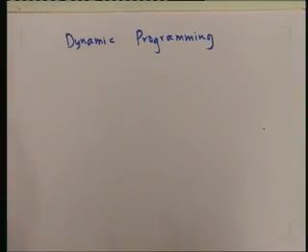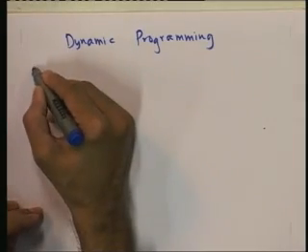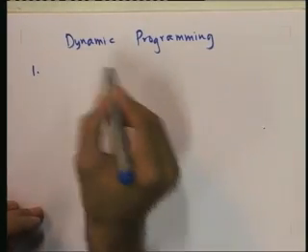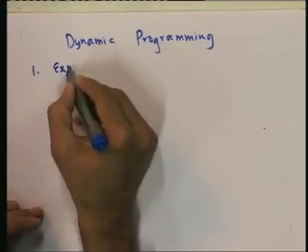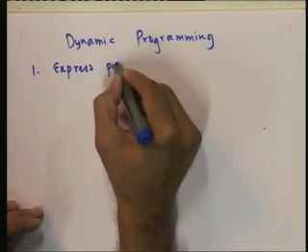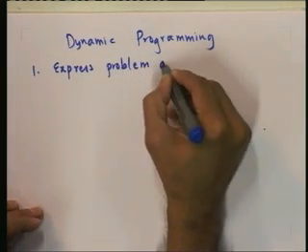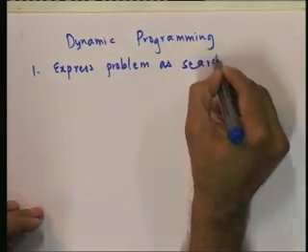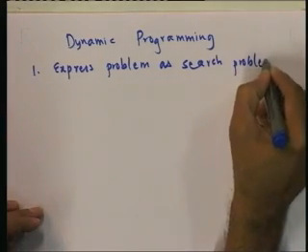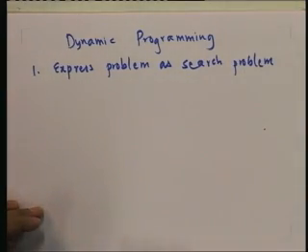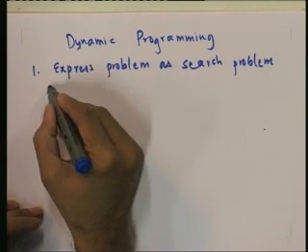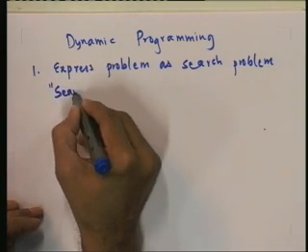Okay. So, the first idea was that we should try to express the problem as a search problem. By that I mean that you should clearly identify what the search space is. Okay.